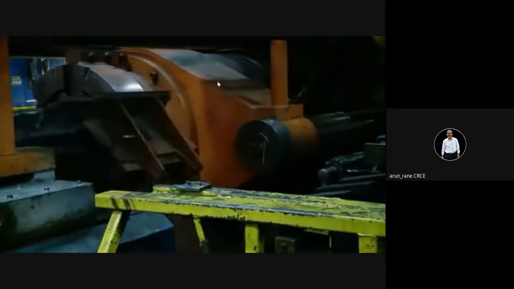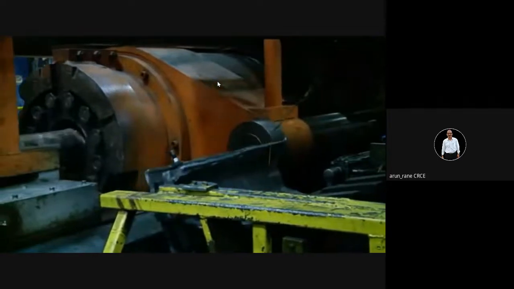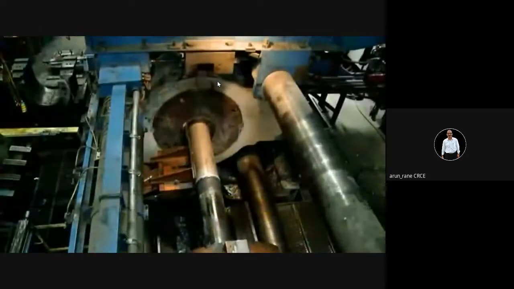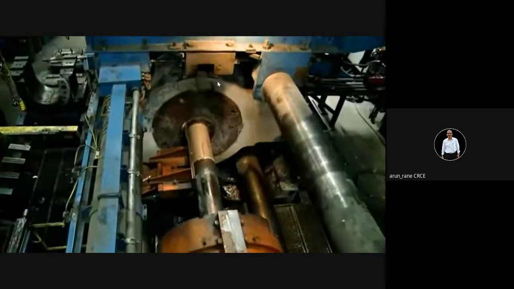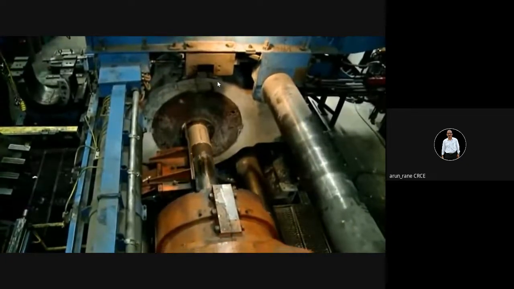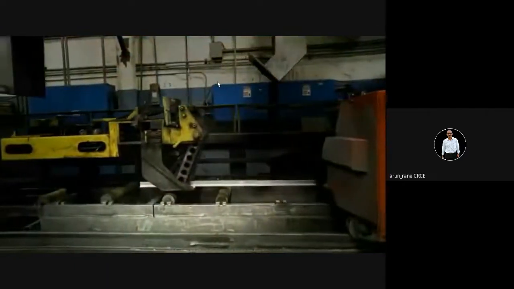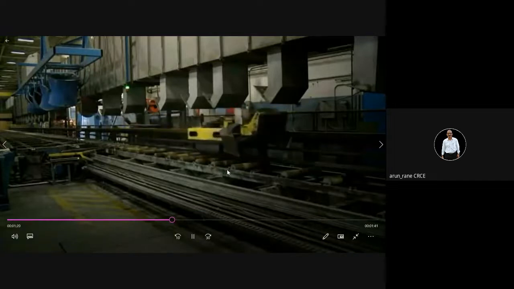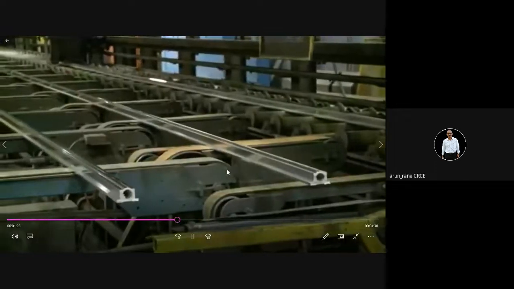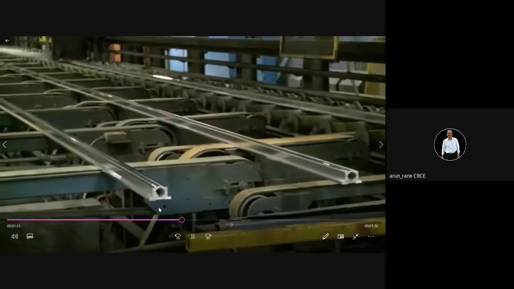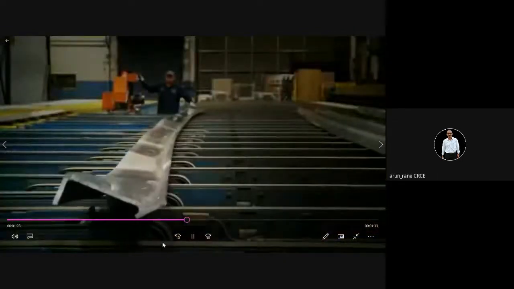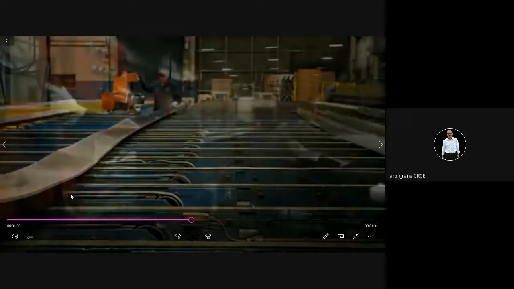So in extrusion there is a push force, and whereas in drawing there is a pull force. These are all extruded products.